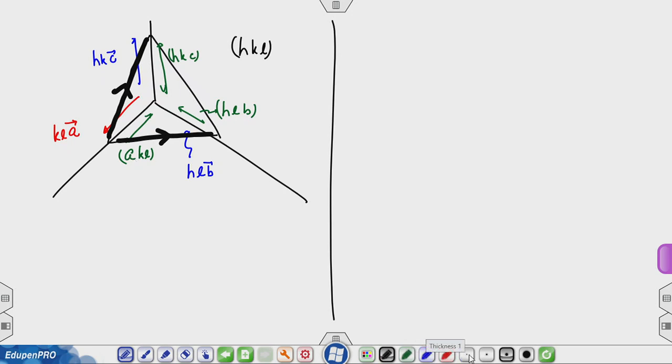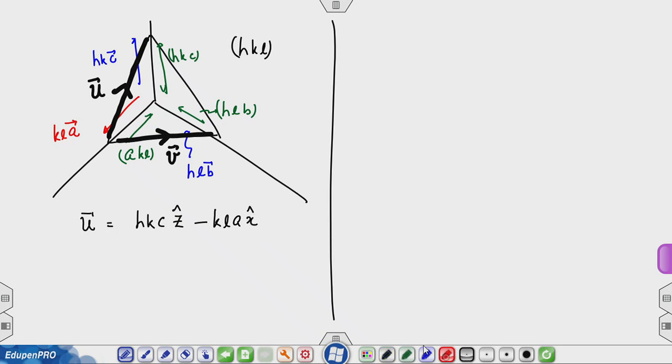Let me call this u, let me call this v. U vector is equal to h k c in the z direction minus k l a in the x direction.